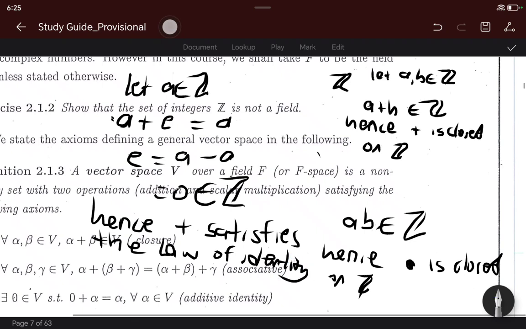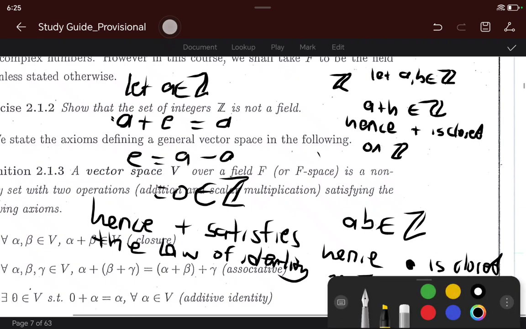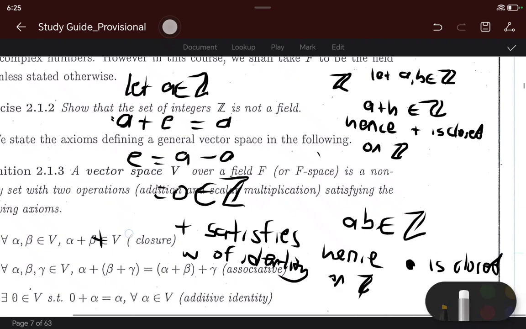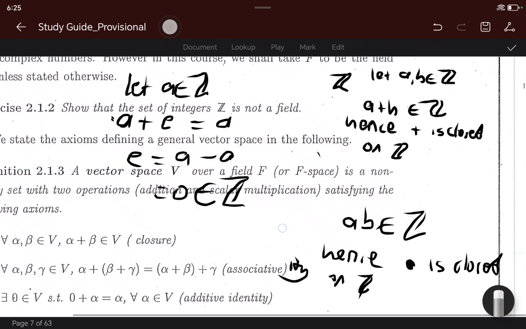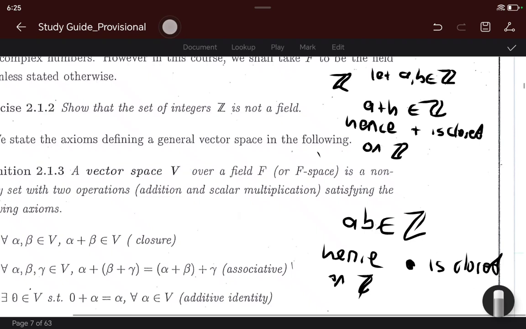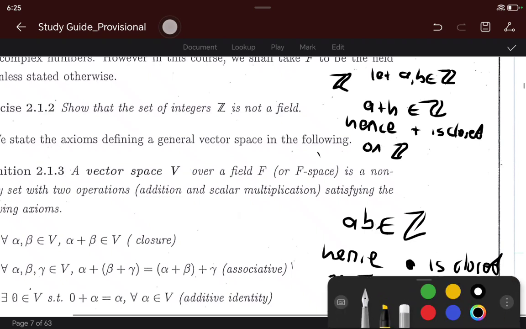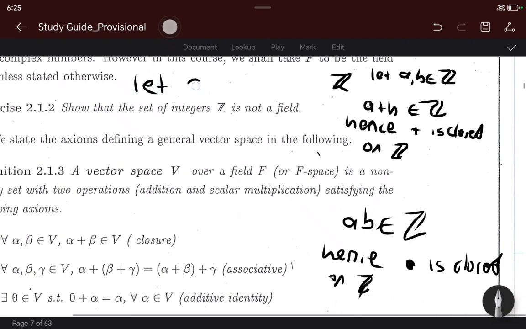Now since I know that it does satisfy the law of identity and our identity is 0, I can now go to the inverse of this addition. Let a be an element of the integers.